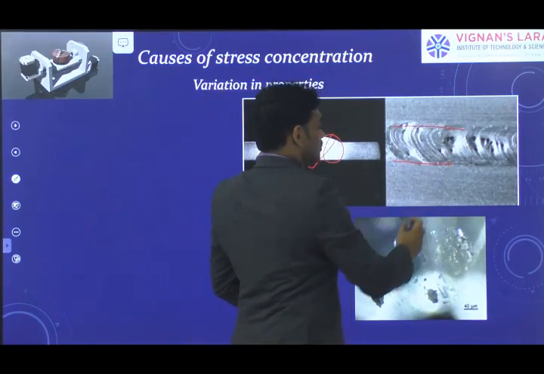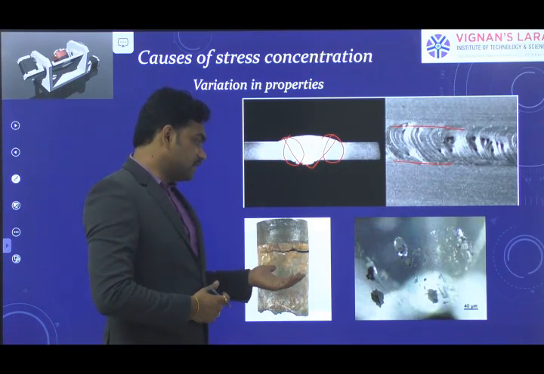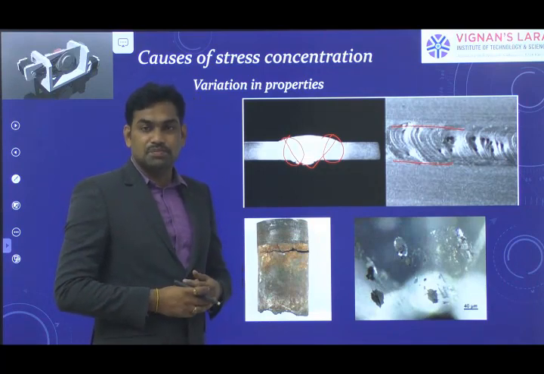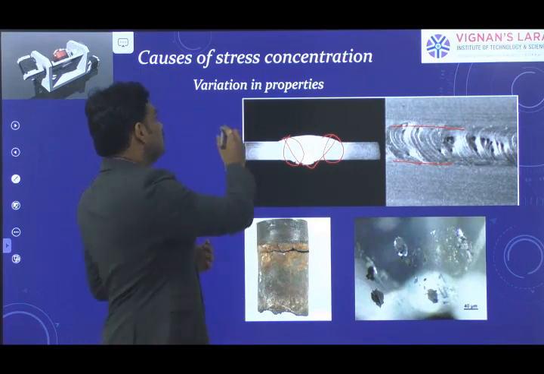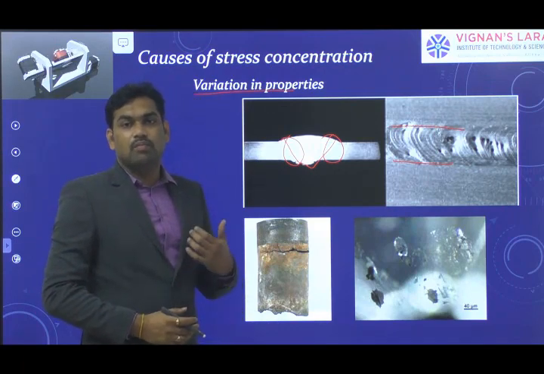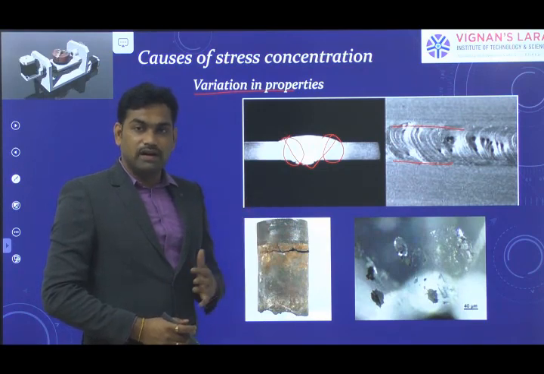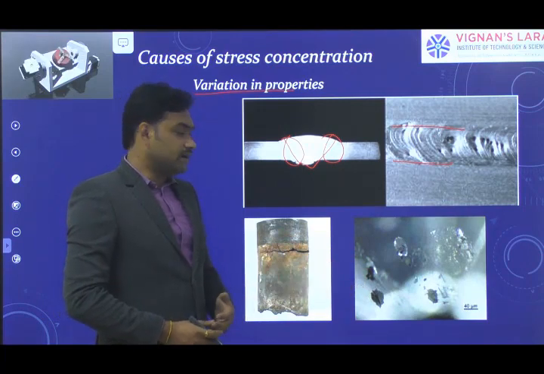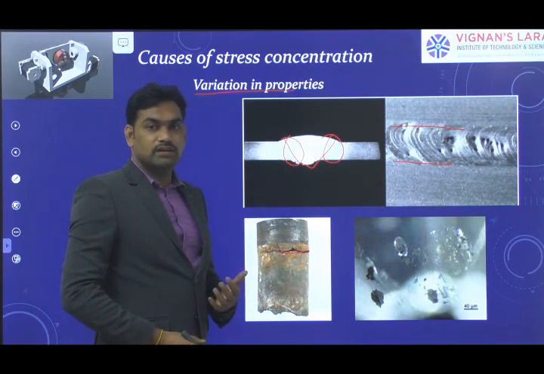Here you can observe this is also a weld joint, which is due to the variation in properties. That will give rise to an increase in stress at those particular areas due to the inclusions. So one cause for stress concentration is a variation in properties. Whenever there is a change in property due to a welding process, or due to inclusions present in the material, or here you can observe a crack produced in the component.